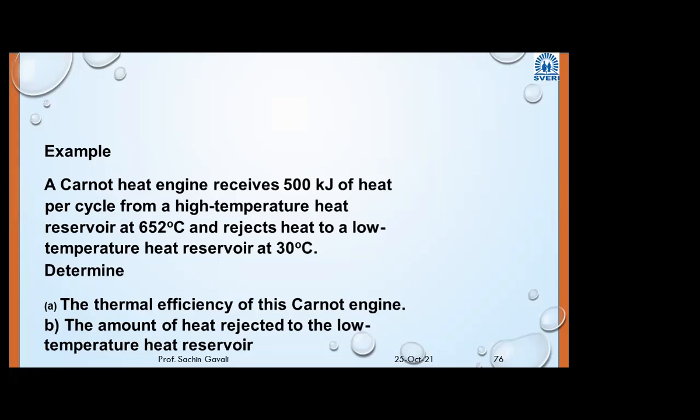Carnot cycle efficiency is also a function of temperatures. All heat engines are functions of heat interaction, but Carnot is a special heat engine which is a function of heat as well as temperature interaction. Find out. I will give 5 minutes.